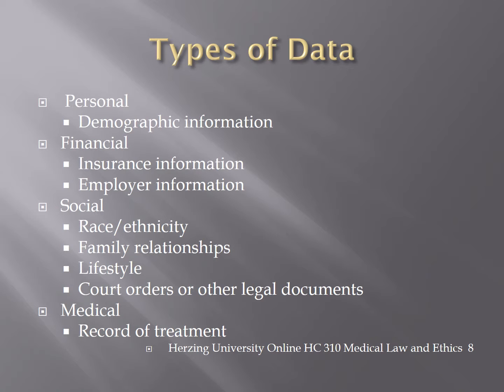This encompasses insurance information and employer information. Social information: your race and ethnicity, family relationships, lifestyle, court orders or other legal documents. Medical data. This is your record of treatment.